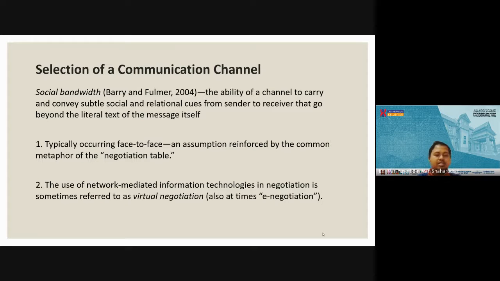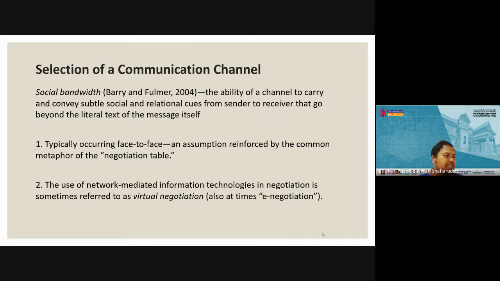Meaning that social bandwidth is a very open medium whereby whatever is delivered doesn't really carry just the meaning of the particular words. Sometimes you might say, "I'm okay," but actually deep inside you are not okay with that particular situation. So it goes beyond the actual text of the message itself.